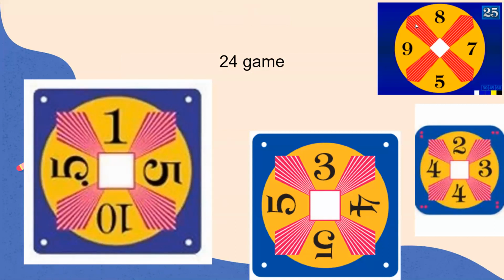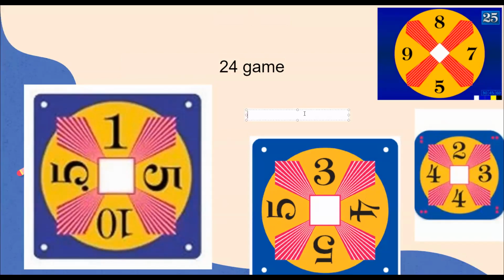There are 4 numbers on each card, so here we have 3, 4, 5, and 5. You can't use the same number twice, and you can use as many operations as you want. So you can add 5 and 5, subtract them, divide, or multiply.